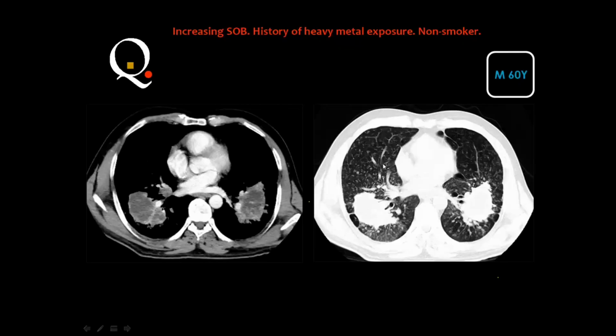Adjacent to the masses, there are many nodules, which represent the nodules of pneumoconiosis that will coalesce together to form these two big masses.